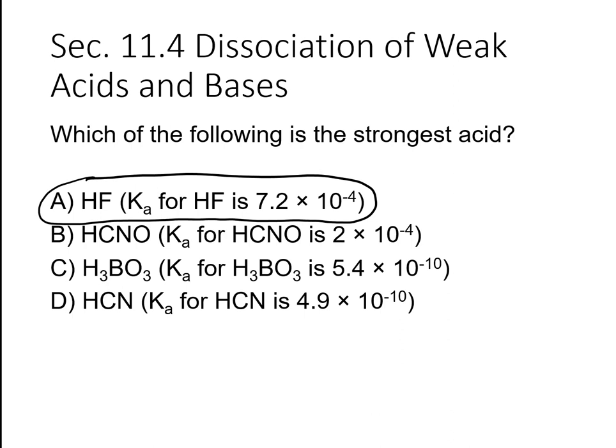D, you got it right. So the stronger the acid, the larger the Ka, that's the dissociation constant. That means you have a stronger acid.